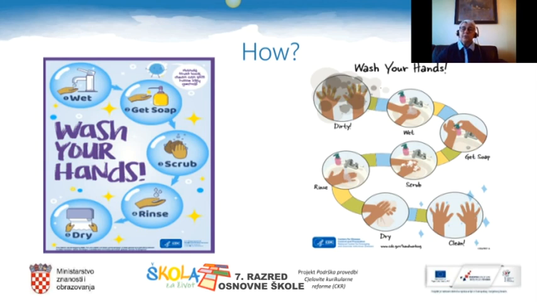The most important thing is to use water to wet your hands, then to get soap. Soap is extremely important. Then with the help of some soap, you form that white mess of bubbles. We say that you lather.